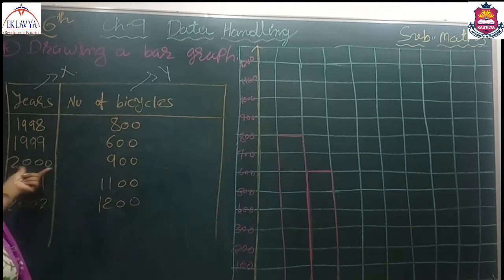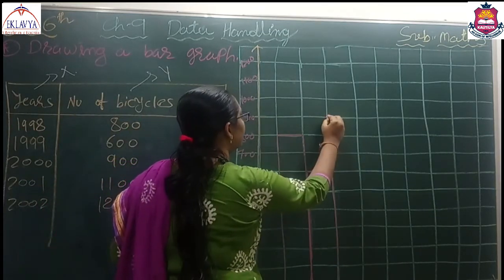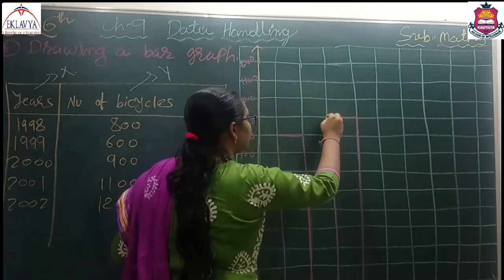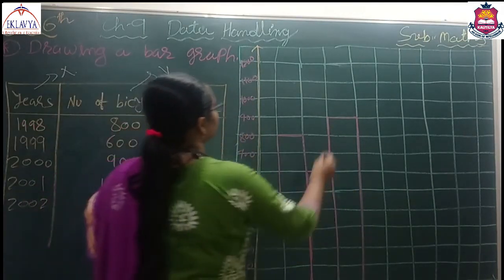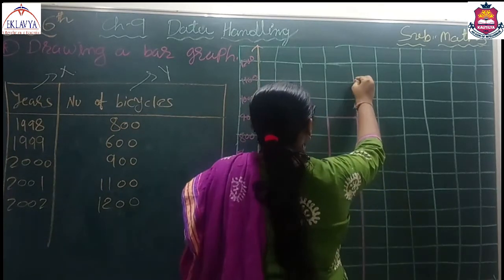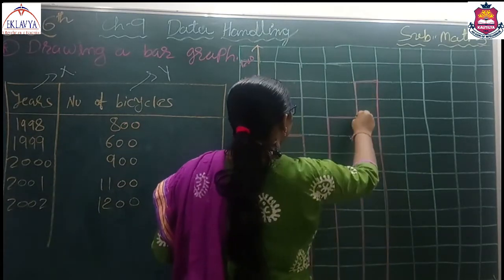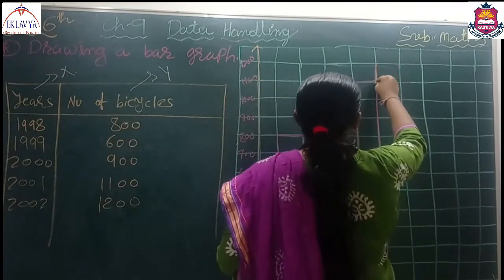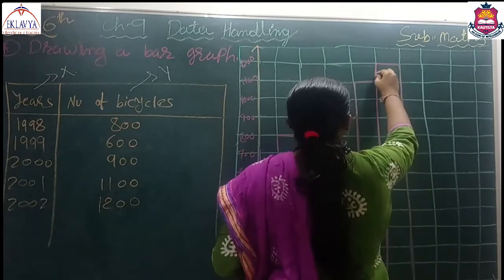In 2000, 900 cycles, so here 900. In 2001, 1100, so here 1100. And last, 2002, it is 1200. So this way you can draw a bar graph. Clear?